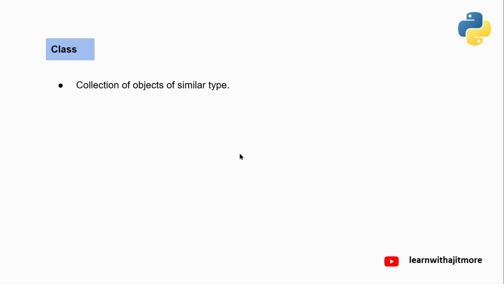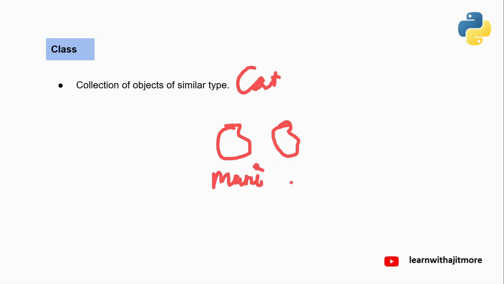Like if I'm having one cat and another cat, but both are belonging to the cat category. So cat is the class. And if this is one cat called Money and this is another cat called Kitty, so Kitty and Money are just two objects of that cat. They are belonging to this category cat. They are sharing the same characteristics, same behavior.